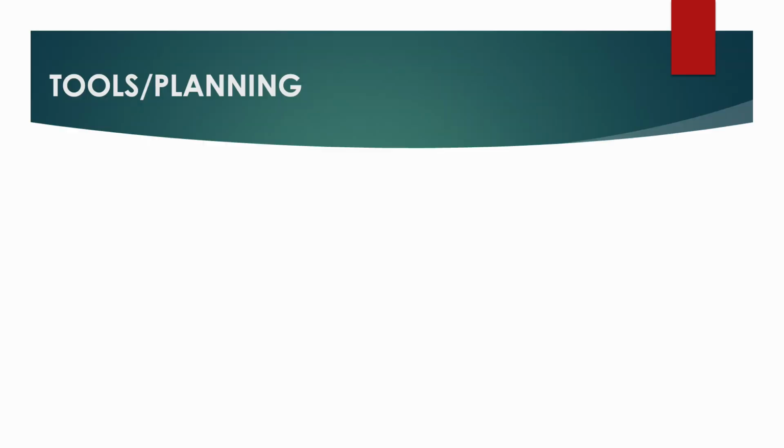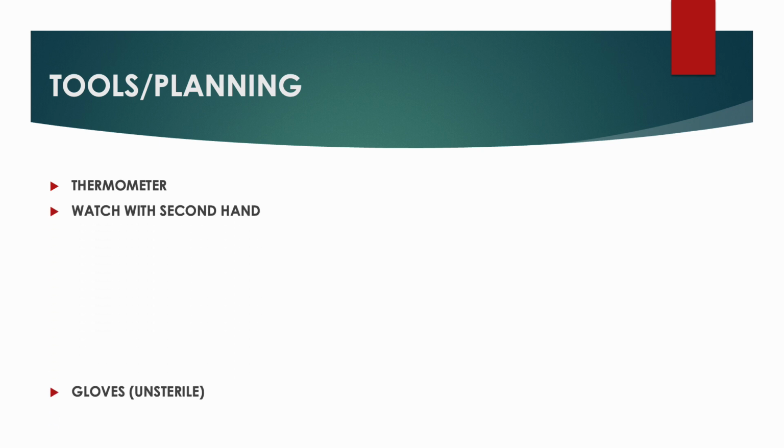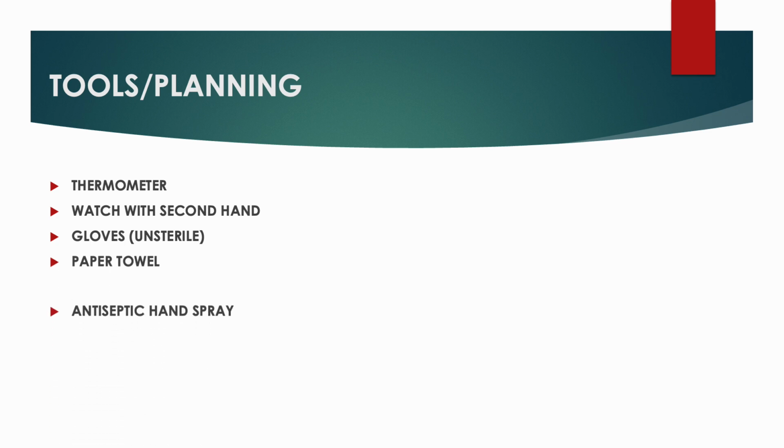To have a successful procedure, the following tools are very important to have. These include a thermometer to measure the temperature of the patient, a watch with a second hand so that you can time your whole procedure, unsterile gloves so that you can wear them to prevent cross-infection, paper towel to wipe away perspirant from the patient's armpits, antiseptic hand spray to decontaminate your hands throughout the procedure, a receiver for soiled disposable items.